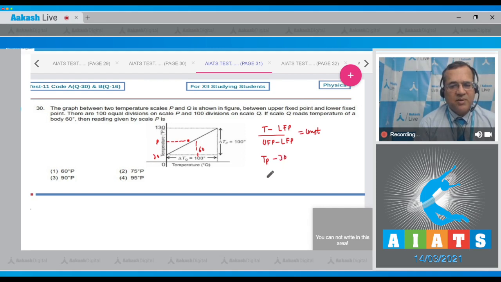So Tp minus 30, and upper minus lower is 100, and that is equal to the temperature given, 60 minus lower fixed point, which is 0 in this case, divided by 100. So Tp minus 30 is equal to 60. Let's cancel out. Then Tp will be equal to 30 plus 60, and that is equal to 90. So Tp will be 90 P. The answer to this question is the third option.